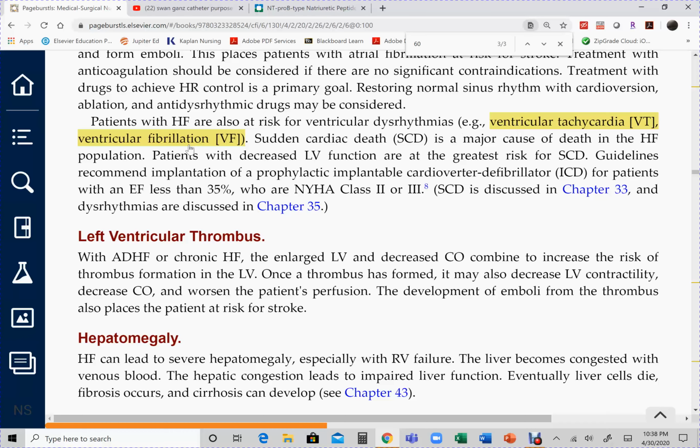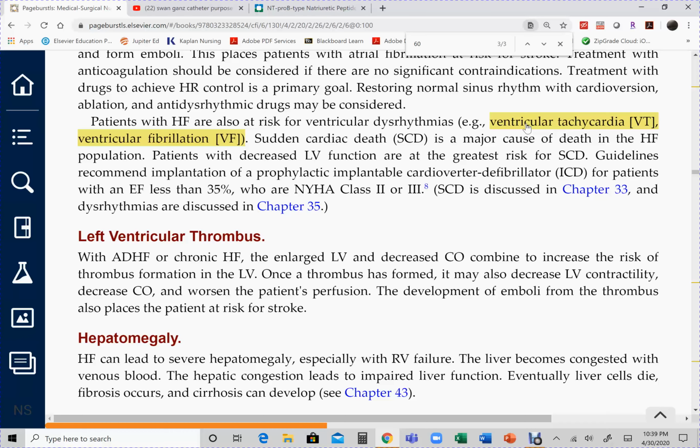VTAC, for instance, results in a really high heart rate. We're talking about 200-300 beats per minute, and that consumes a lot of oxygen, plus it doesn't really produce any cardiac output. The heart is just beating too fast, so there's no time for the ventricles to fill at all.